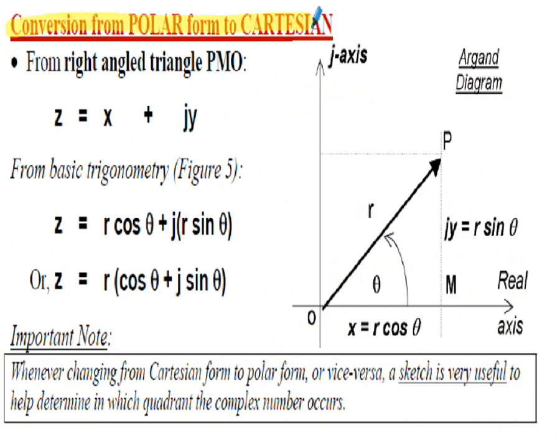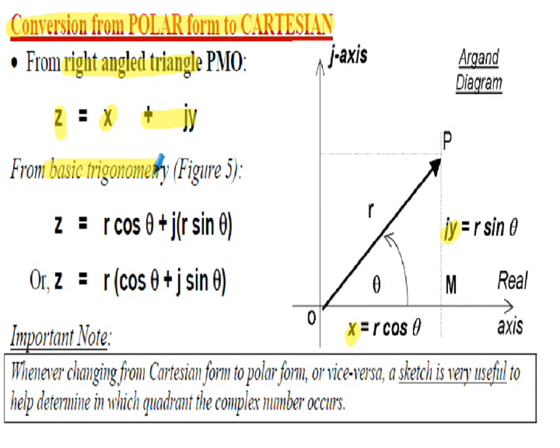Conversion from polar form to Cartesian form. From the right-angled triangle, labelled PMO in the diagram on the right, complex number z in Cartesian form will be written as x on the horizontal real axis plus jy on the vertical, the imaginary axis.